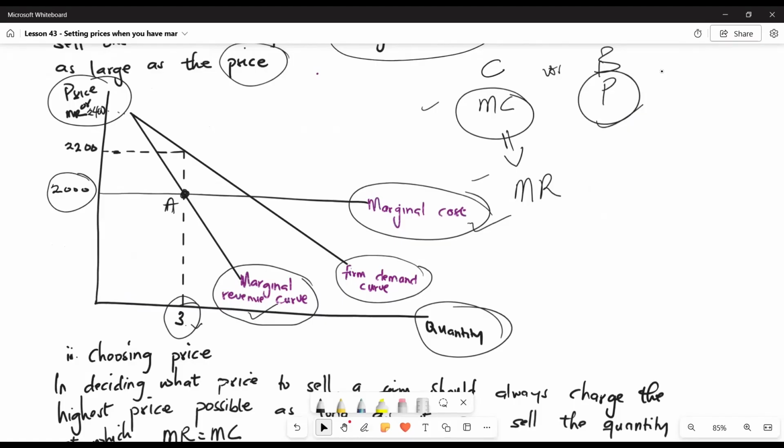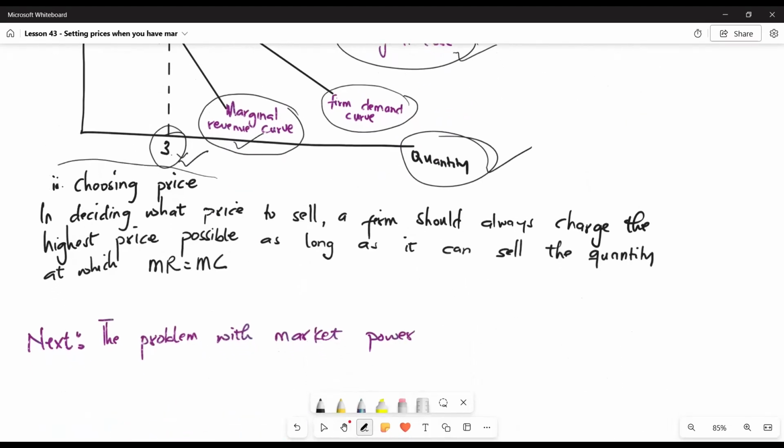So the rational rule for sellers in choosing the quantity sold suggests that this firm in this example should sell 3 units. Now that the firm knows how many units of the good to produce, what then will be the price that the firm will charge? So let's move on to choosing the price that a firm will charge.